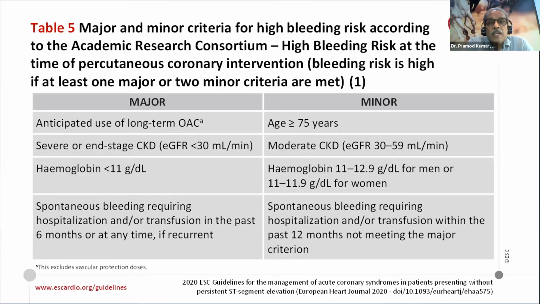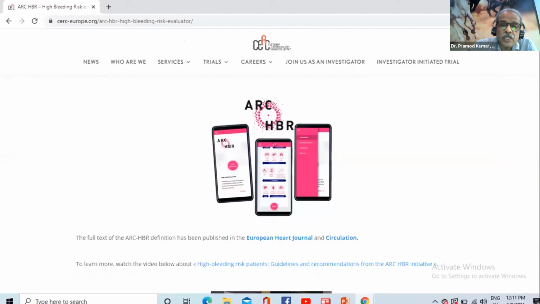So it's very important to assess the bleeding risk of all these patients. I'm not going to go into the detail of this, but I'll just tell you there is an app now available, called the ARC-HBR trade-off app, which is available on both the iPhone platform as well as the Android platform. This is a very useful tool for people who are managing such patients.